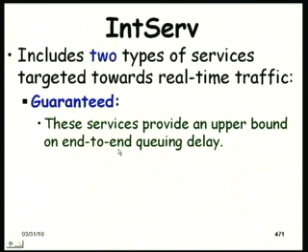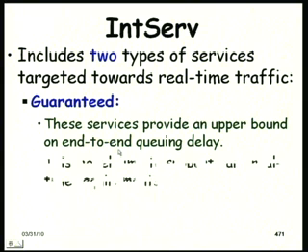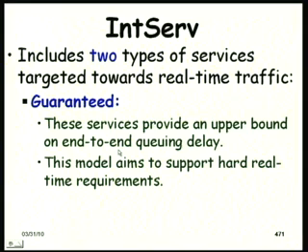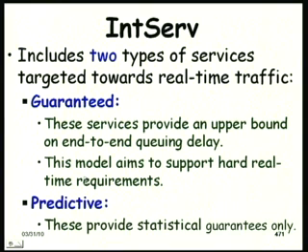Here the service discipline would provide an upper bound on the end to end queuing delay, and it would be used for hard real time communication, whereas there is another service discipline which provides statistical guarantees only, that is, what will be the average delay, maximum delay, and so on.